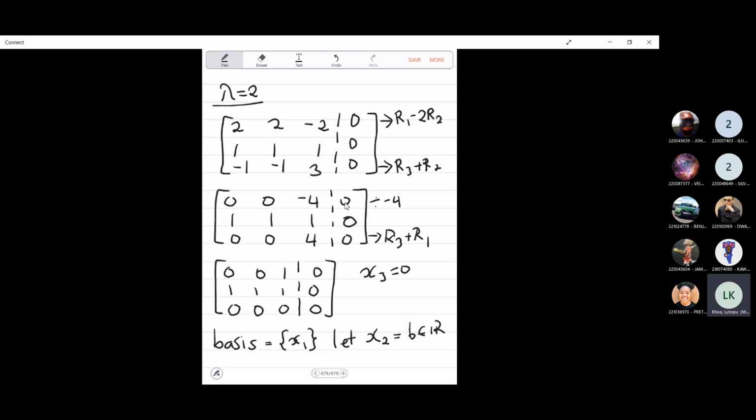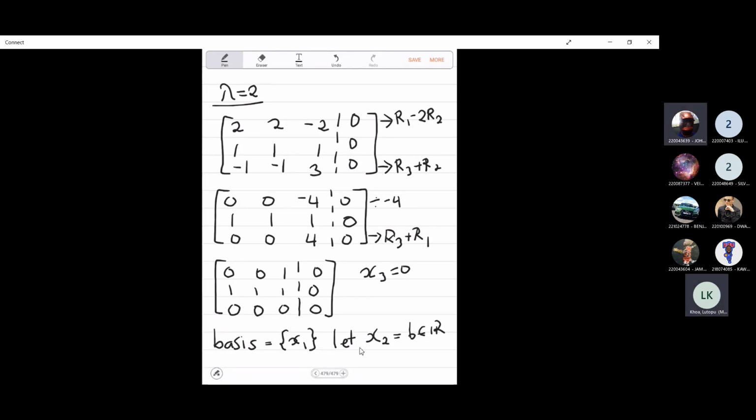If I were to solve that, I would have x3 is equal to 0. And even this one here, 4x3 is equal to 0. Clearly, x3 is equal to 0. So in our basis, we don't put any 0 variables. Only the non-zero variables go in our basis.